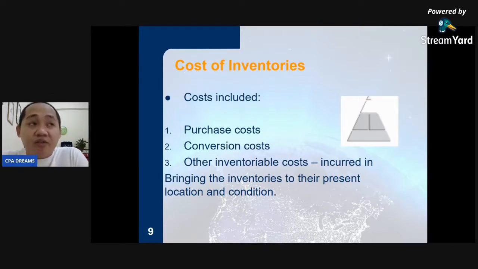Yan yon. Conversion cost, yan yung sinabi natin kanina, which is the manufacturing cost. Yung other inventoriable cost, kasi minsan may mga nai-incurred pa rin na gastos para dalhin sa present location or good condition ang inventory item. So, dapat yan ay pasok as cost pa rin ni inventory.